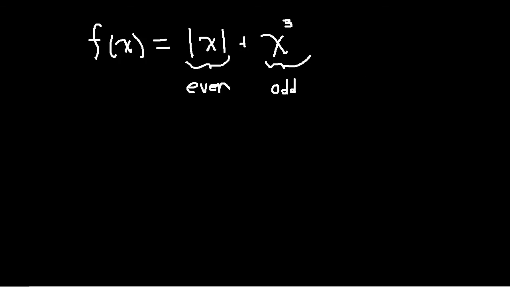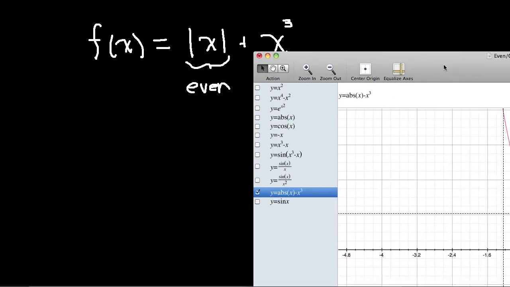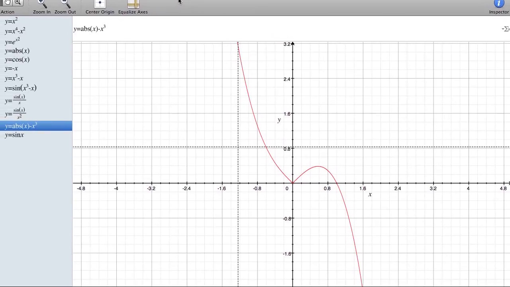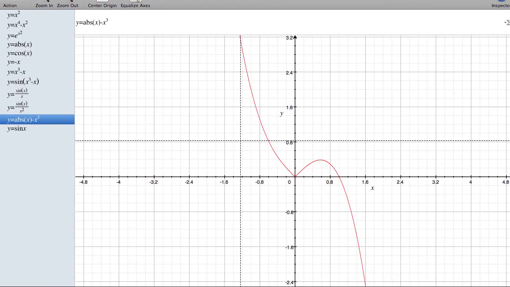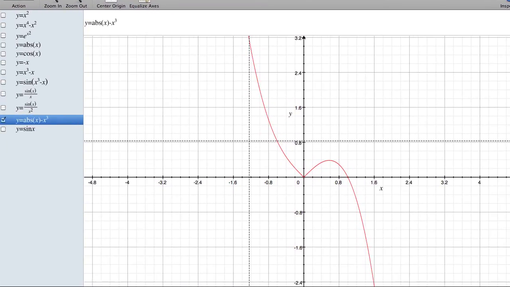Okay, let's check that. Go back over here. Let me add a function here, add new equation right here, ABS, absolute value of x. Now let's plot that.